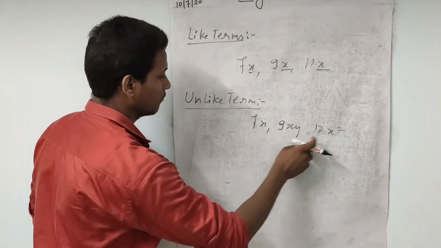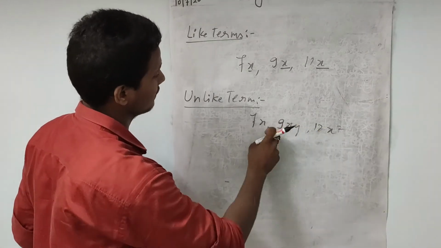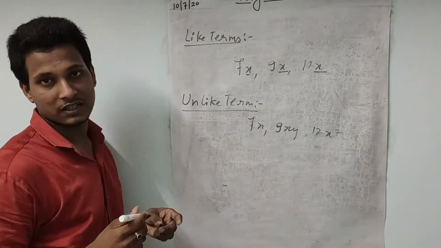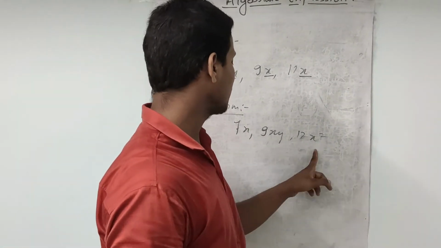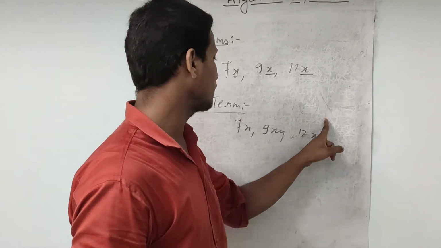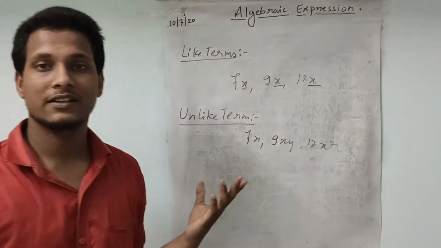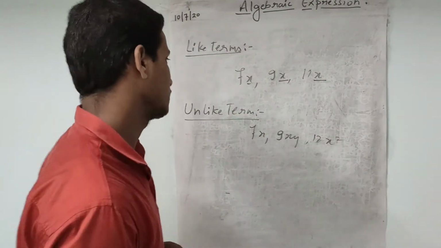All the terms have the same variable x, but one has one more variable, so it is disqualified, as the variables are not all the same. And if two terms have the same variable, but one term has a higher power than the other, then they are not like terms. They are called unlike terms.